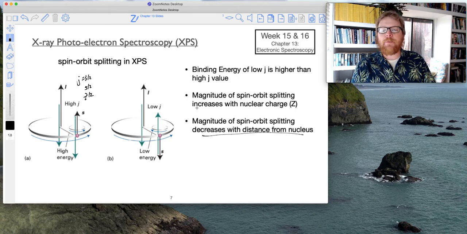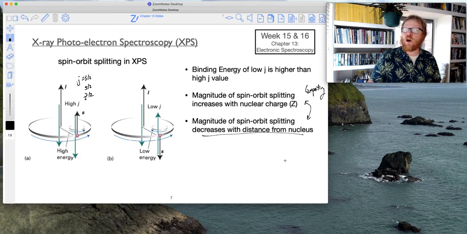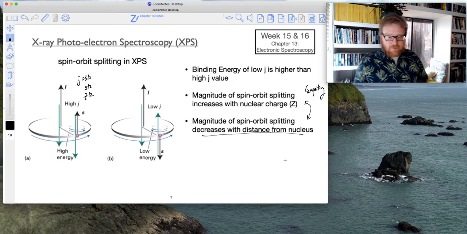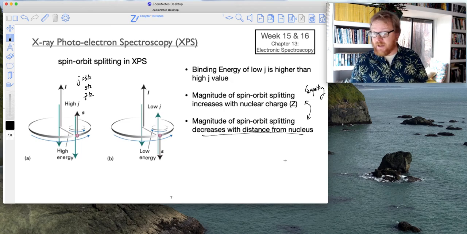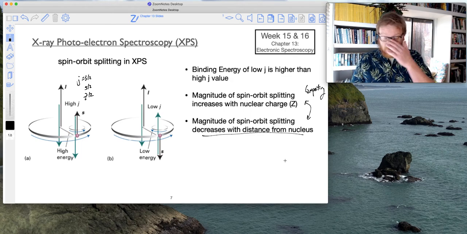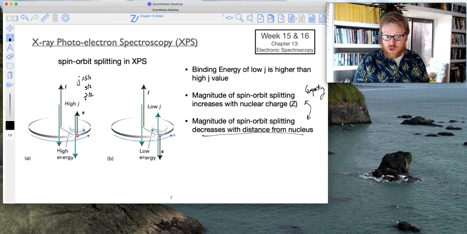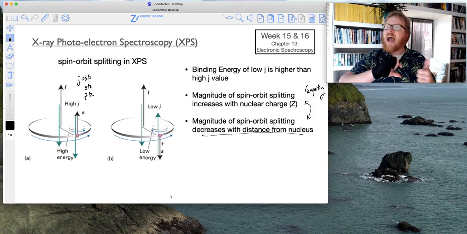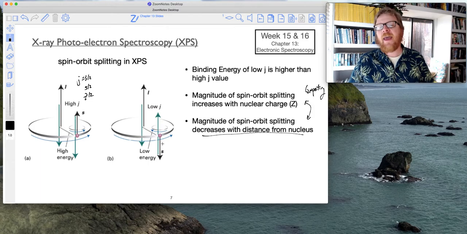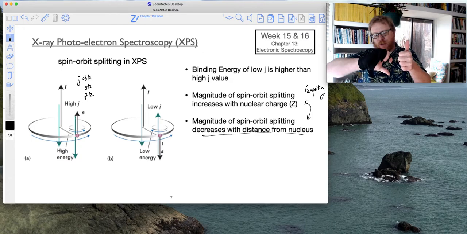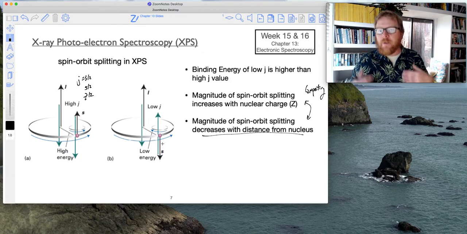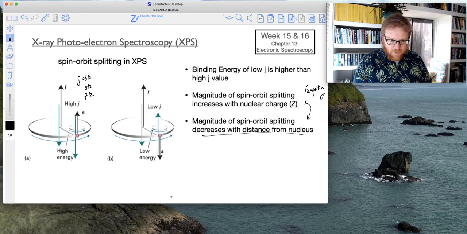So there's two competing effects going on here, right? Where technically the larger the charge is, the more this effect is going to be displayed, okay? So the larger that charge is, the tighter that electron can be bound. And thus, when you flip it spin up or spin down, the spin-orbit splitting effect is really amplified.